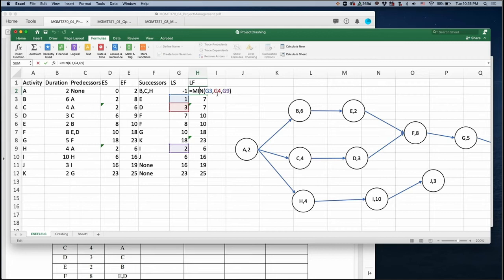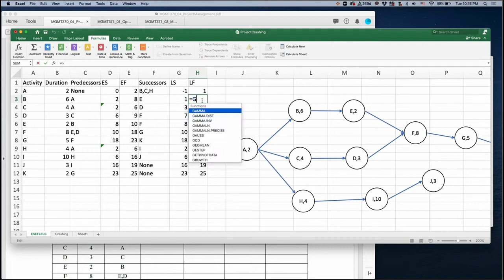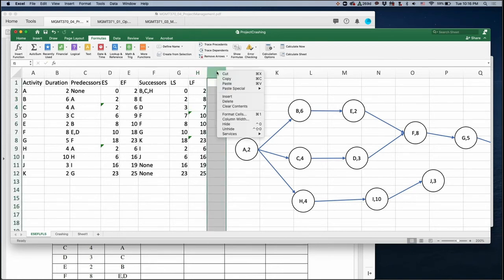Now you can compute the slack number. Slack will be LS minus ES. Or in other words, you can compute slack as LF minus EF, meaning the difference between earliest starting time or earliest finish time.